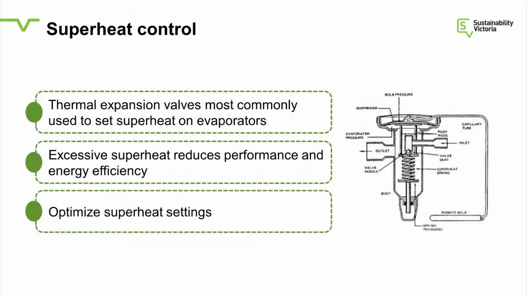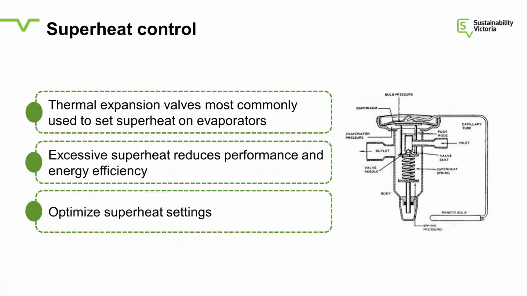Superheat control. This is something a technician learns in the first few months of his apprenticeship: how to set superheat on an expansion valve. What is superheat exactly? If you put too much refrigerant into a coil, you actually get liquid coming out the end, and compressors don't like liquid.